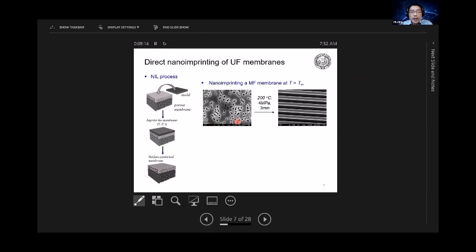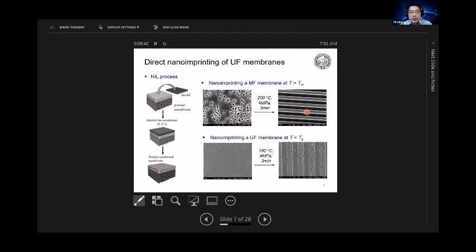Now, when we started looking at this, I was coming from patterning dense polymer films, so we typically do that at a temperature above the melting temperature for semi-crystalline polymers or the glass transition temperature, so the polymer can flow. When we tried that on a microporous membrane, on the track-etched membrane shown here, you get a very nice pattern, but all the pores are gone, and that's no longer a membrane.